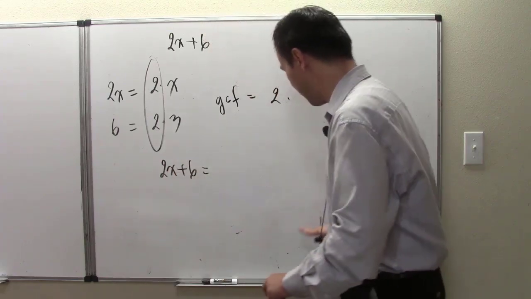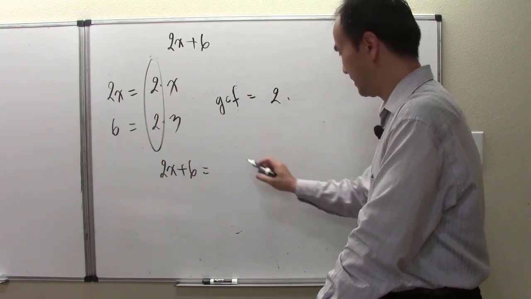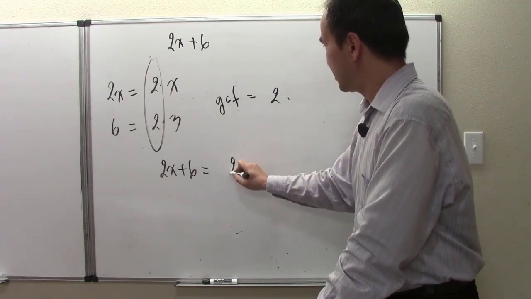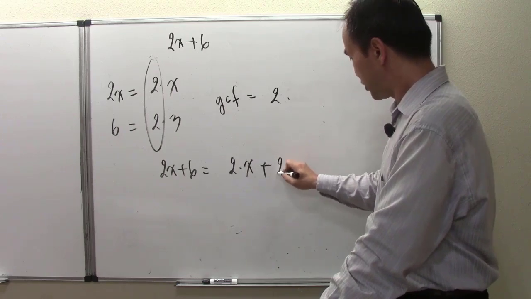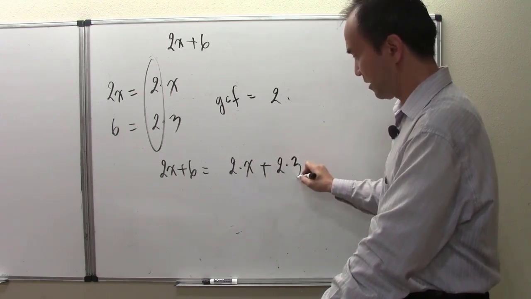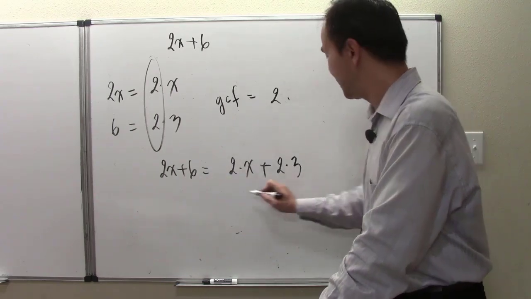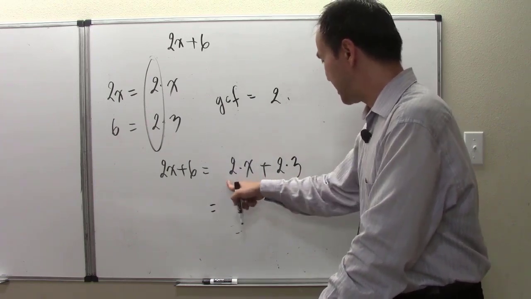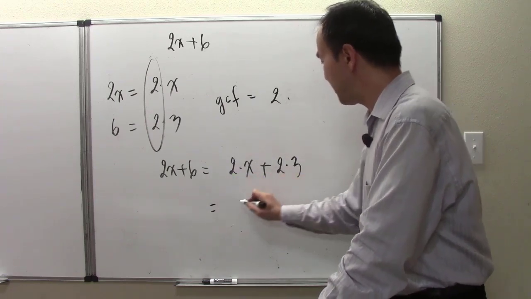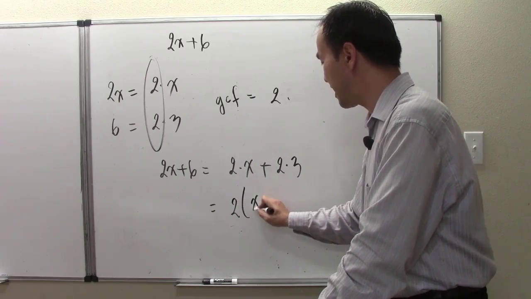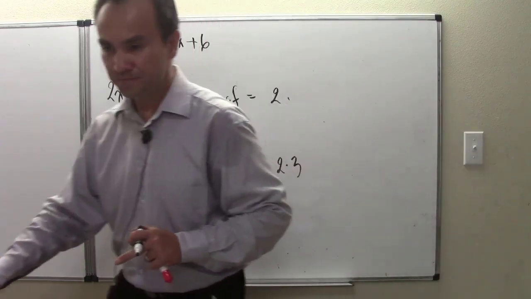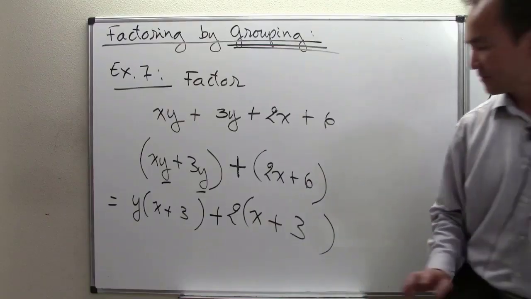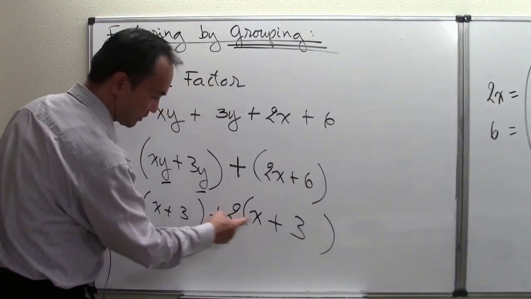According to what we've learned in the previous topic, 2x plus 6 is 2, the GCF, times x, plus 2, the GCF, times 3. That's how I rewrite the 6. Now we isolate out that GCF, 2, and we have x plus 3. So in this work we have 2 times x plus 3.